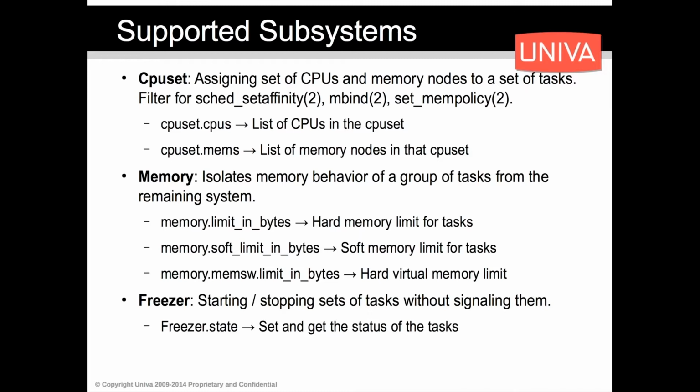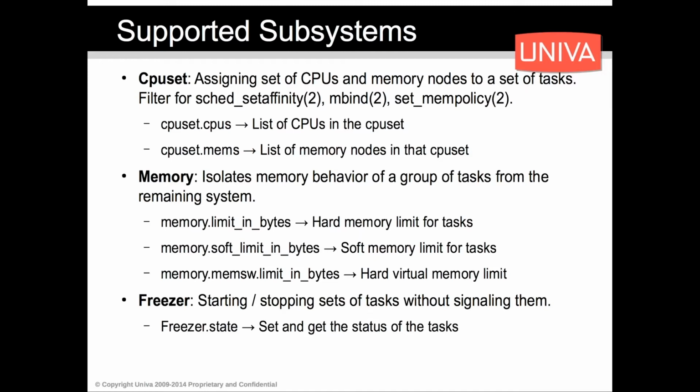In the cpuset subsystem, you can inspect several files. Two of them are cpuset.cpus, which contains a list of the CPUs in the cpuset. That means a list of processor IDs which are allowed for this particular job.